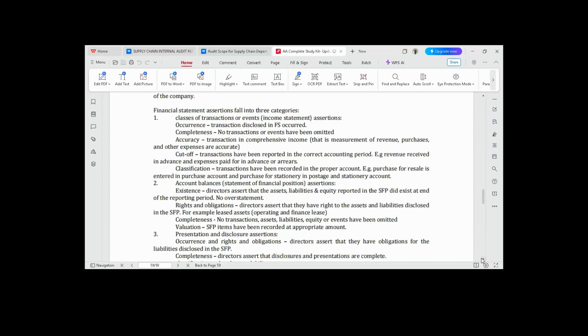For instance, you want to buy stationery. Or you want to pay for NEPA, your electricity bill, right? Now, if you don't have the bill, you can provide for it. Okay, now that one is even better.